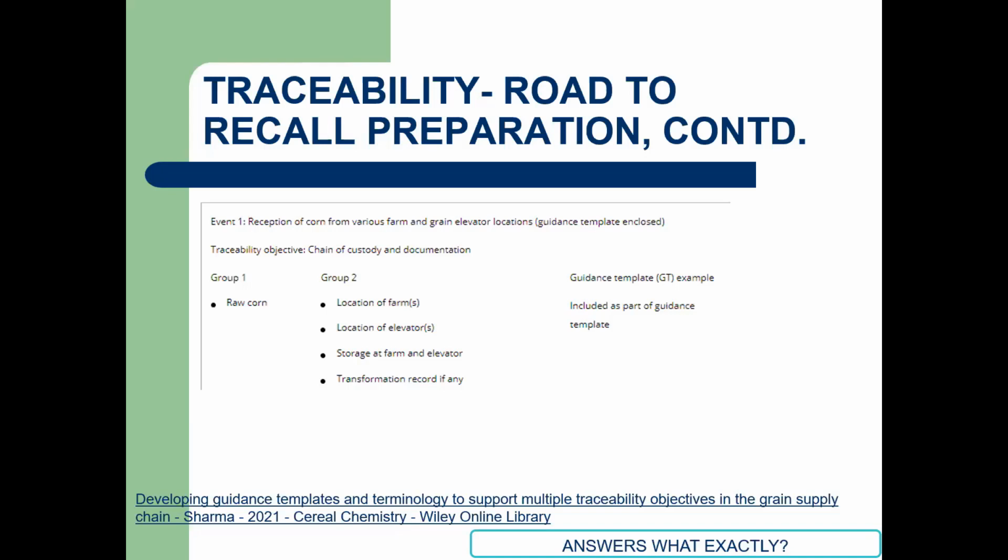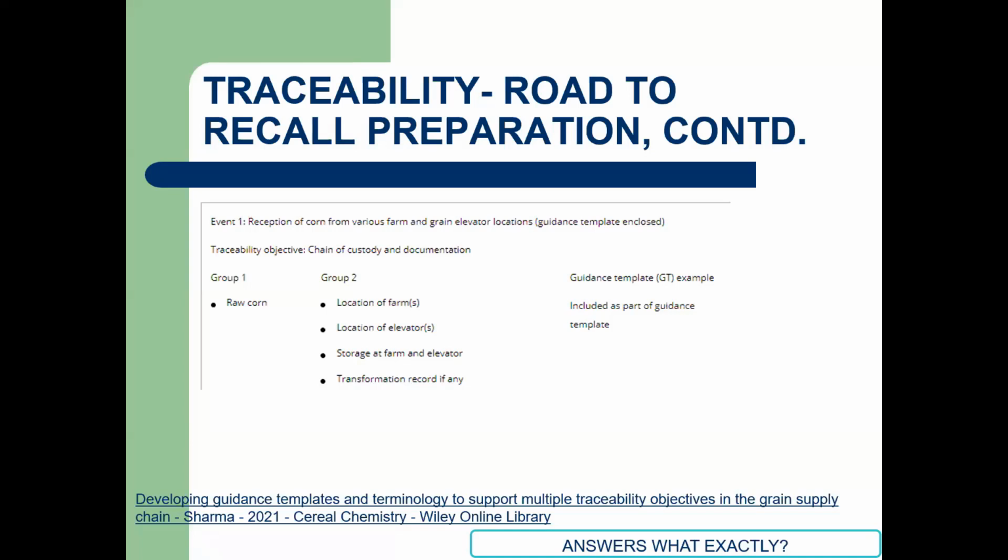So group one is the identification of what product this traceability is applied to, which was raw corn. And group two is what kind of identification we need. That is, for raw corn, we need location of the farm, location of the elevator it's going to, storage at farm and elevator, and transformation.